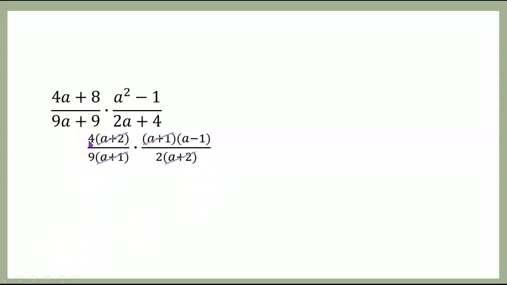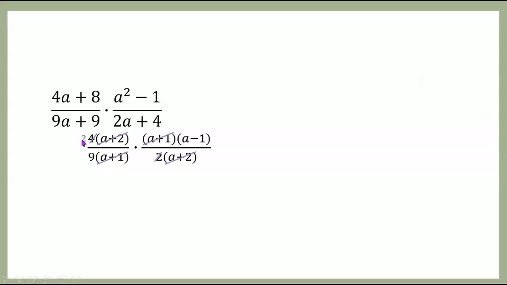Well, the 4 on top over the 2 on the bottom, we can cancel out a factor of 2. The 2 on the bottom with the 4 would be 2 times 2. So when we cancel one of those 2s, there's one of them left on top. It's like the 4 over the 2. The 4 divided by the 2 just leaves you with a 2 here.